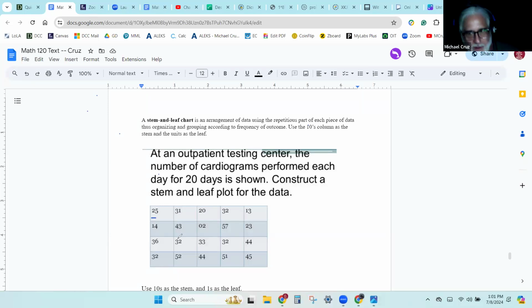Third day, 20, and so forth. Now here, they've made this one friendly for us because we generally wouldn't put 0 to, we would just put a 2 there. But they want us to know for sure what the stem and the leaf is on this. The stem is the tenths.